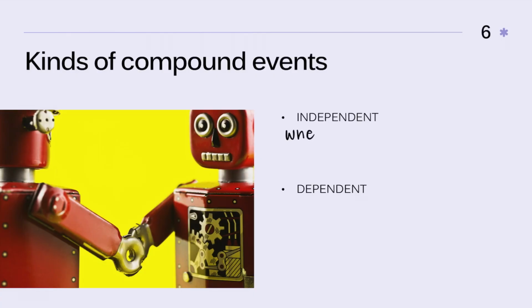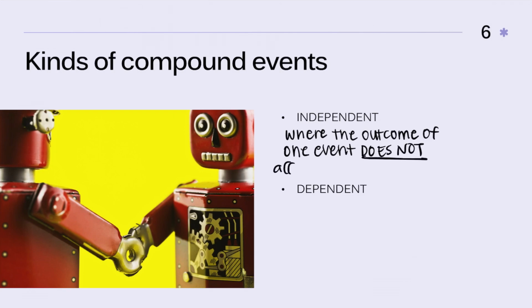Independent events are where the outcome of one event does not affect the second event. And for dependent, obviously it's just the opposite of that.